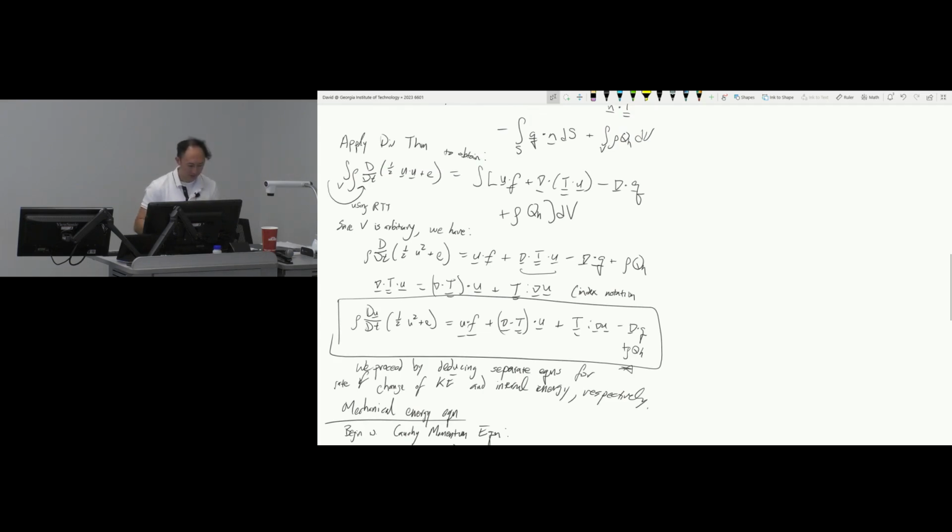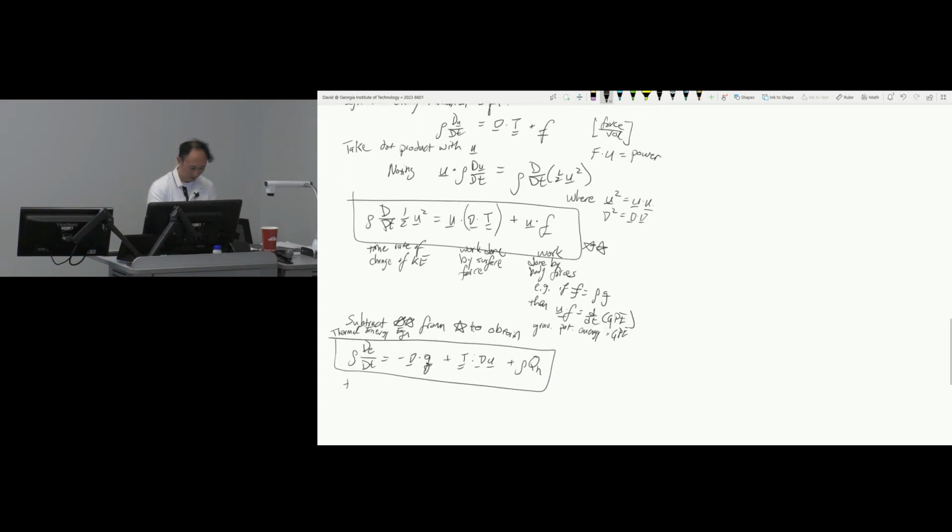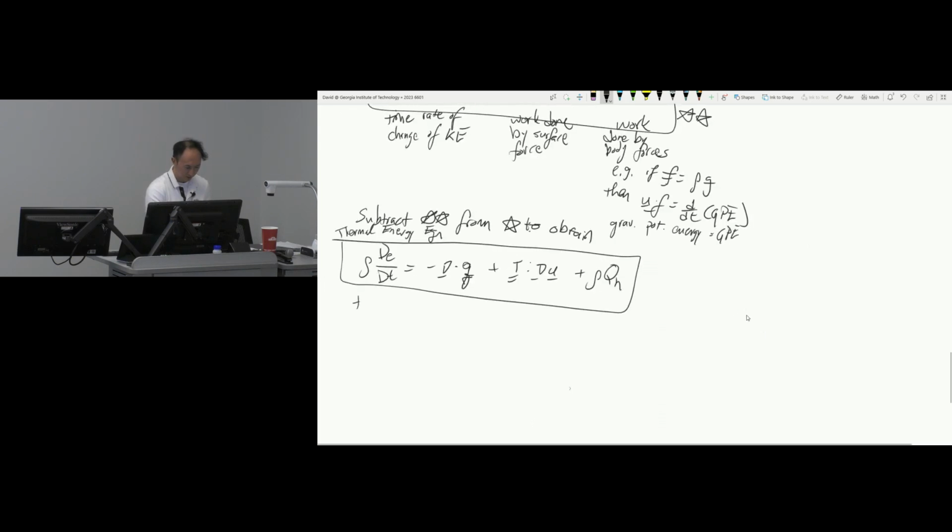Okay. Yeah, because this is incompressible, so rho is not a function of time, so I'm pulling it out. It should be just 1/2 u squared in those places, and this one seems fine. Okay, thanks.